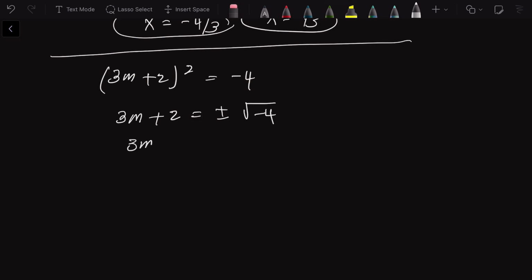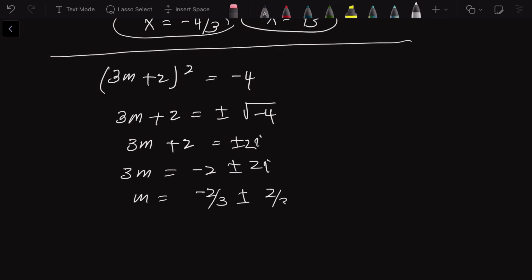So that means 3m plus 2 equals, we just said square root of -1 is i, and square root of 4 is 2, so that's plus or minus 2i. So 3m will be equal to minus 2 plus or minus 2i. So m will be equal to -2 over 3 plus or minus 2 over 3 i. So that one is very straightforward, right?